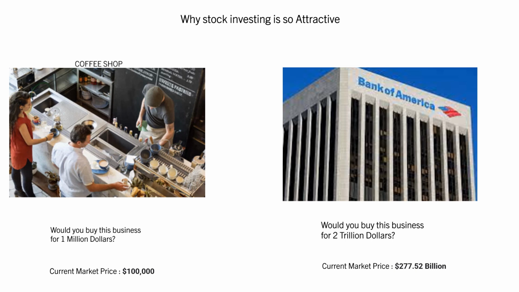Right now, the current market price for, if you want to buy every single share of Bank of America, would be about $277 billion. So the 10 times that would be around $2 trillion. I just rounded it to 2 trillion actually. So the question that I initially asked you at the coffee shop was totally ridiculous.